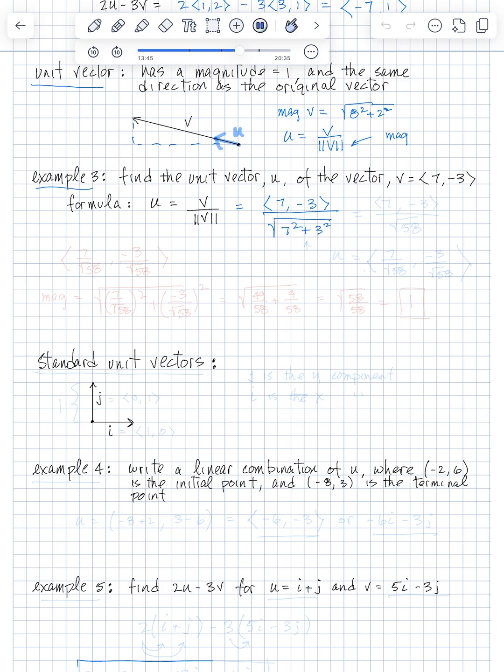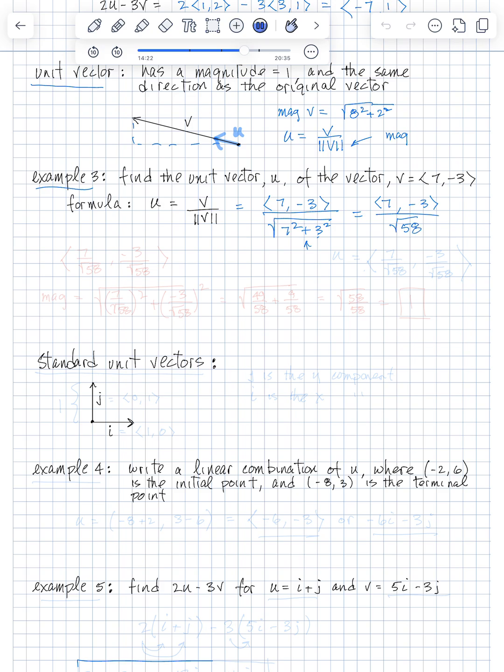Now the thing to remember, it doesn't matter that it's a negative 3, because when you square it, it's going to be positive anyway. So that's equal to 7, negative 3 over, 7 squared is 49, plus 9, 49 and 9 is 58, so the square root of 58.